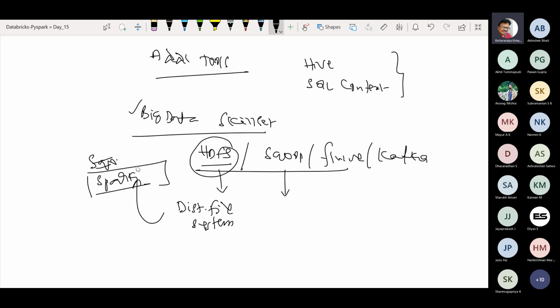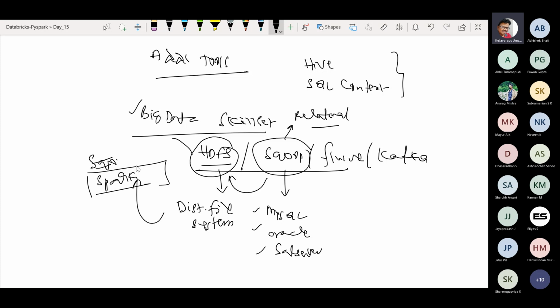Apart from that, guys, this is the Scoop, where if I want to get my data from MySQL or Oracle or SQL Server, whichever, because it is a quite handy tool to handle all the relational kind of data items. And once you have this particular Scoop knowledge, maybe you can pick up the appropriate source relational data into your Hadoop distributed file system, which in turn is given to the Spark.